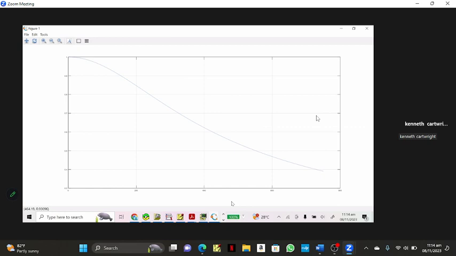Now, how can we tell if this is right now? We could tell because at 70% of our maximum magnitude, you should get the 300 and something hertz.